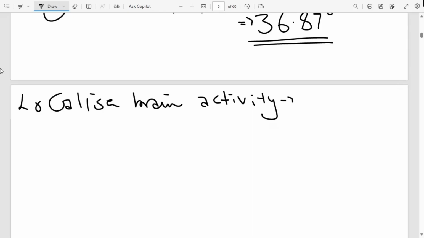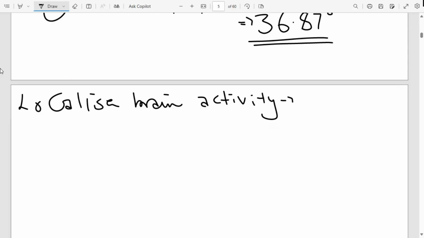By localization of brain activities, I mean it helps to identify the origin. It helps you identify where those electric signals originate from, and also how they propagate across the different regions of the brain.